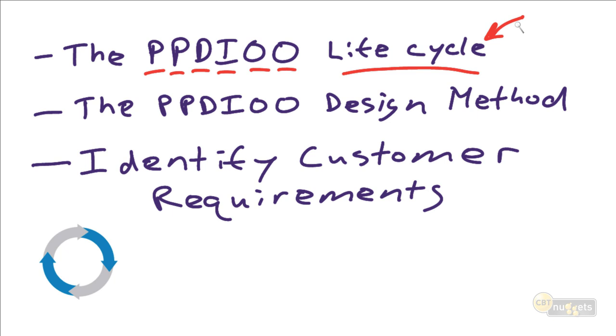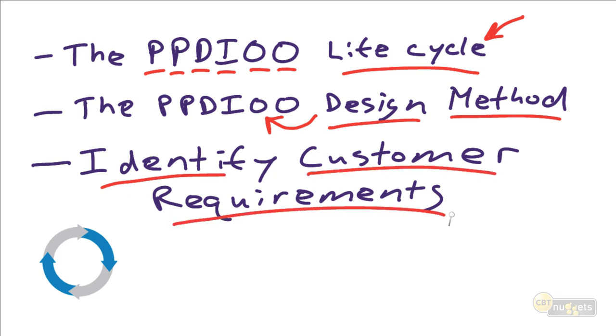We'll then go ahead and break out a particular design methodology that's based on these phases of a network's life. We're going to find that there's three critical steps when we follow the PPDIOO design methodology, and one of those important steps is to identify the customer's requirements.